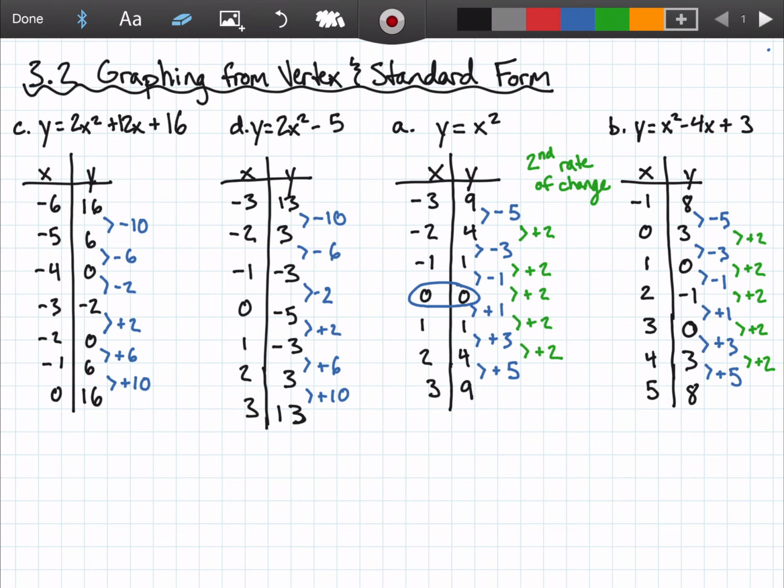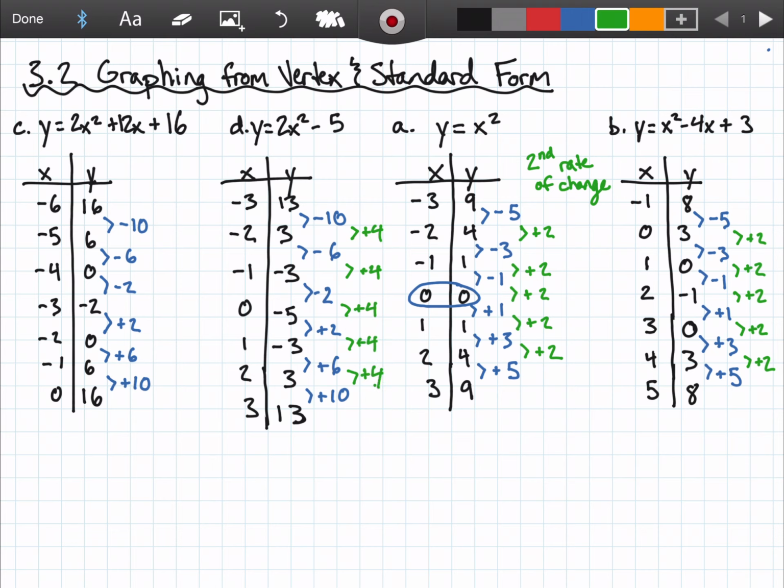All right. Well, let's first talk about the similarities that we have between all of these equations. I see that the rate of change is not constant. Well, if I was to look at the second rate of change of my new equations, oh, interesting. The second rate of change is constant.